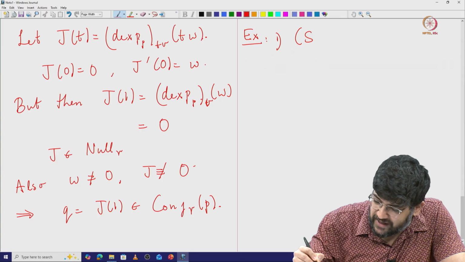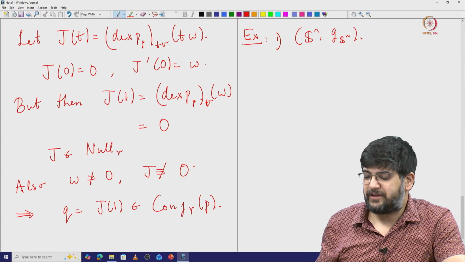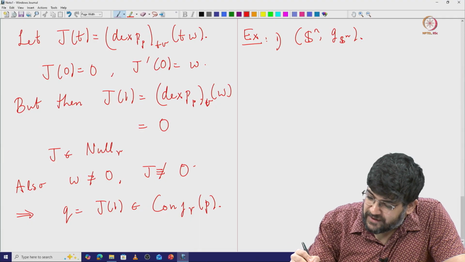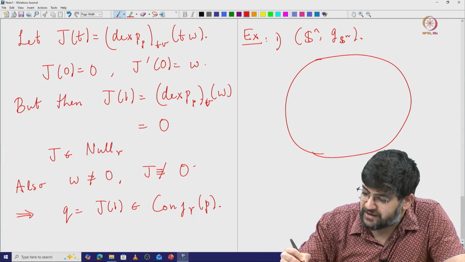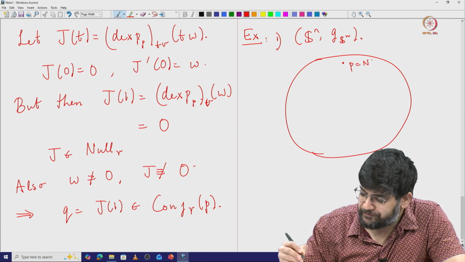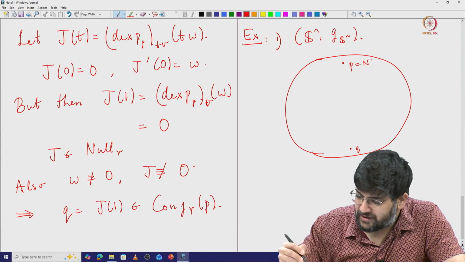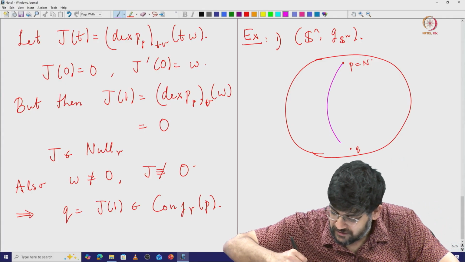So let's first take the round sphere. Here we have seen that, let's take our point P to be the north pole, and let's fix a geodesic.